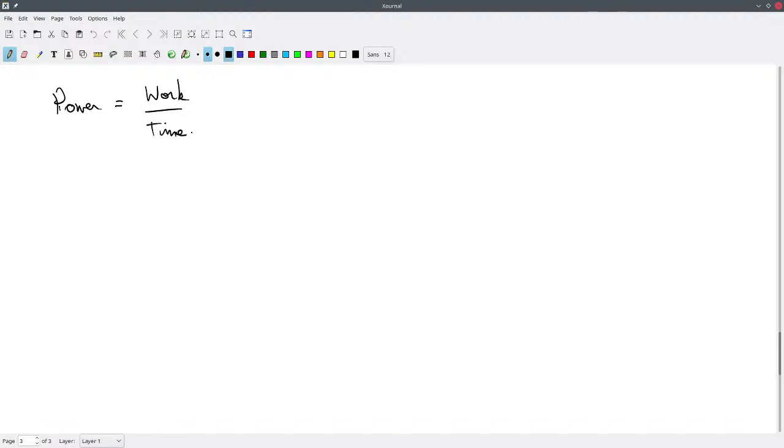Power is, for example, a finite amount of work done over the time it takes to do that work. So this would be average power. Instantaneous power would be the derivative of the work with respect to the time.